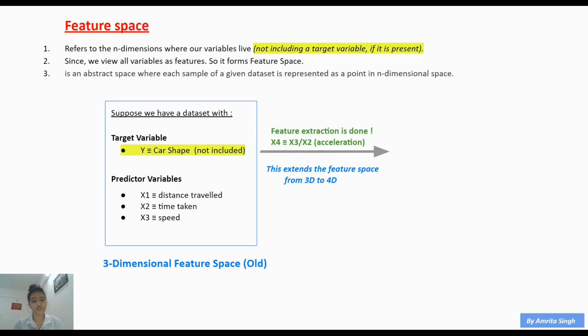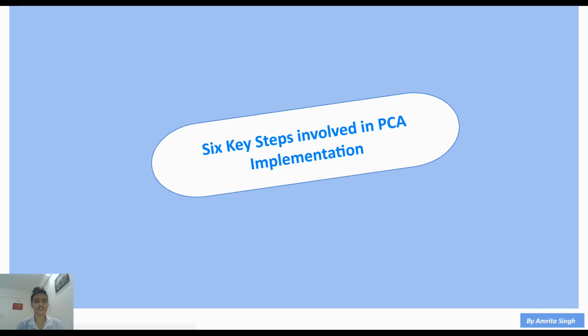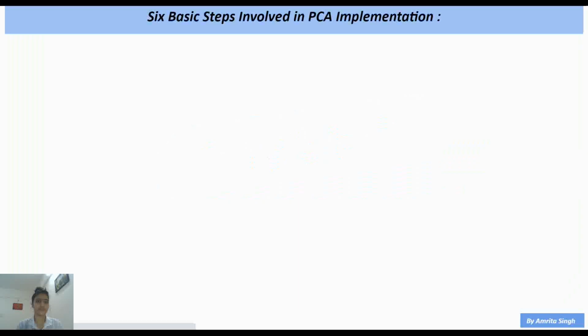Now this transforms my three-dimensional feature space to four-dimensional. I hope it's clear.